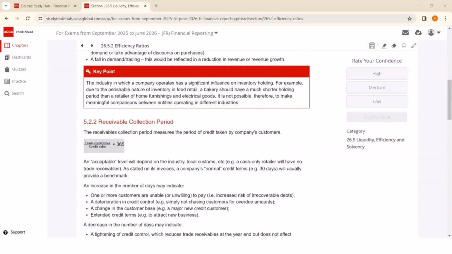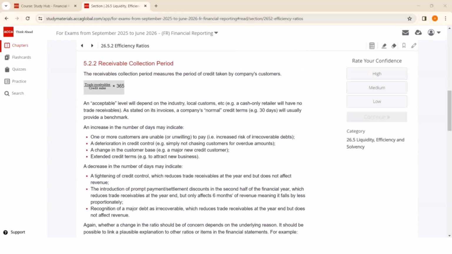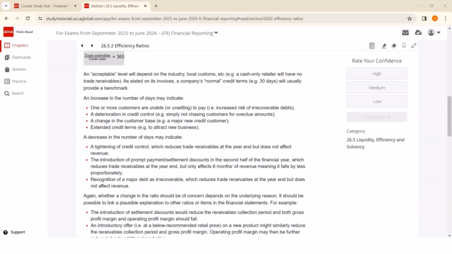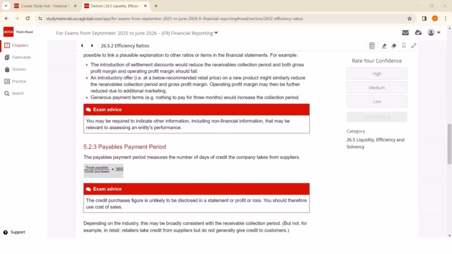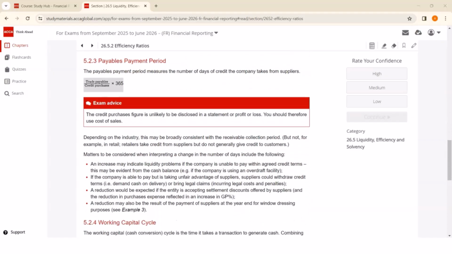Then we have the receivable collection period. The same kind of approach has been taken over here as well: it first defines what a receivable collection period is, talks about the formula, what the possible items are which can affect it, and the causes for increase and decrease. And lastly, we have the payables payment period following the same approach.